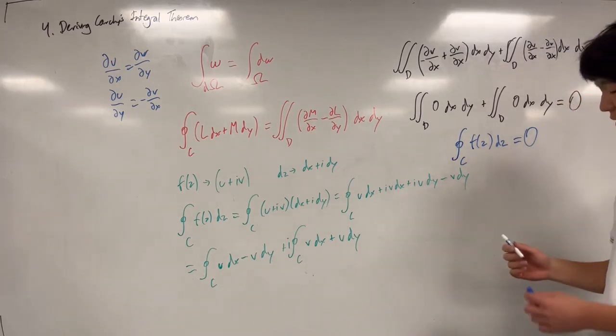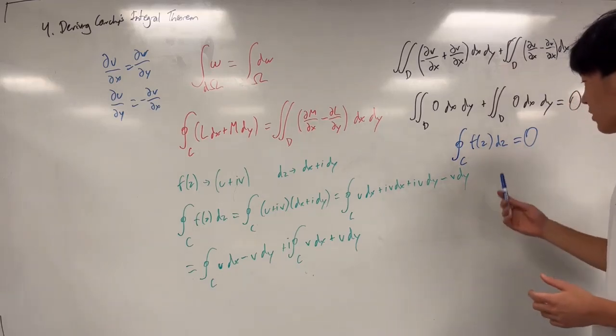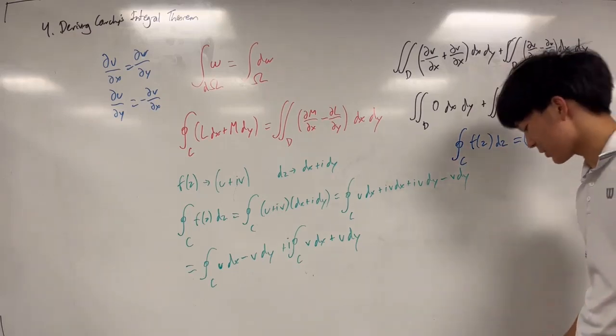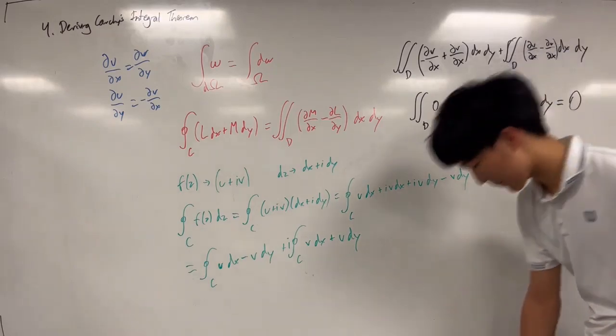Next time, we'll take this to derive a more useful formula for determining the value of the function at a certain point. That's known as Cauchy's integral formula, and we'll be looking at that next.